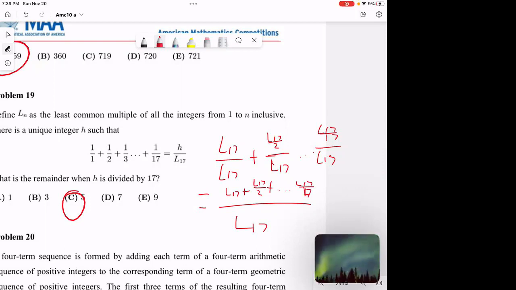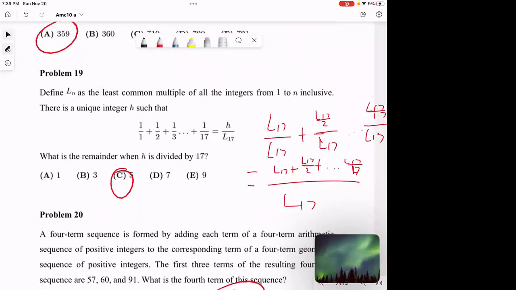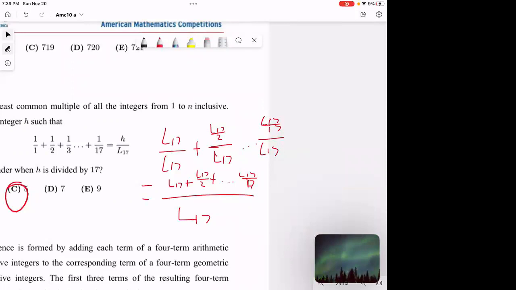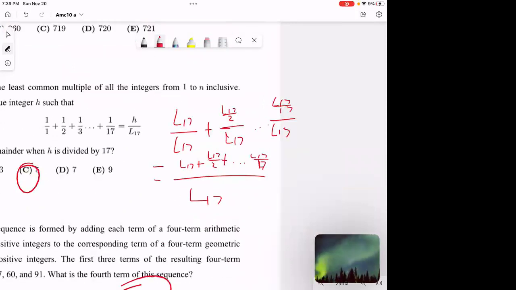Now from here, what we are looking for is the remainder when h is divided by 17. We don't really have to worry about the denominator L of 17, because we're just looking at h, which is the numerator. L of 17 is divisible by 17, so this first term is 0 mod 17.